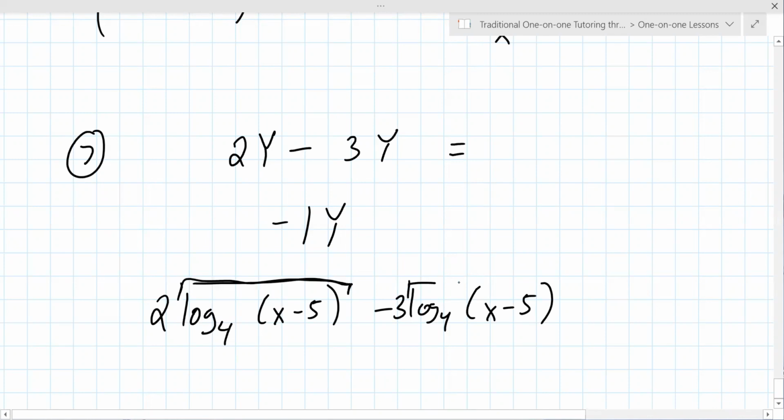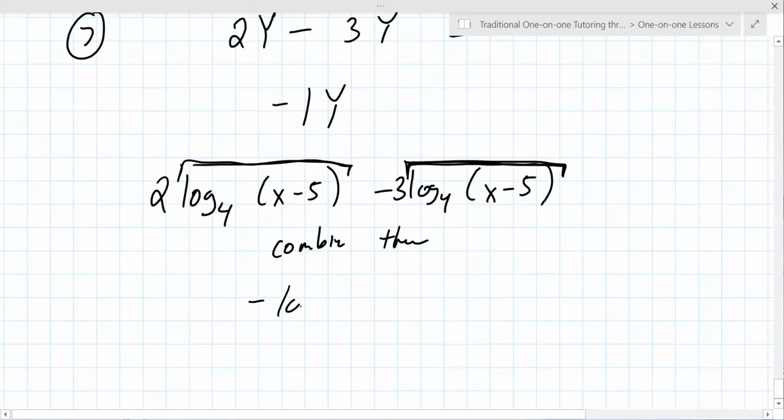Do you see how these are exactly the same? It's 2 of these things called log base 4 of x minus 5 minus 3 of these things called log base 4 of x minus 5. So you can effectively combine them. And that's why it becomes negative log base 4 of x minus 5. You have 2 of them, you took 3 away, you have -1 of them.